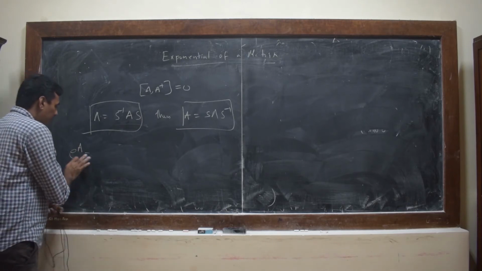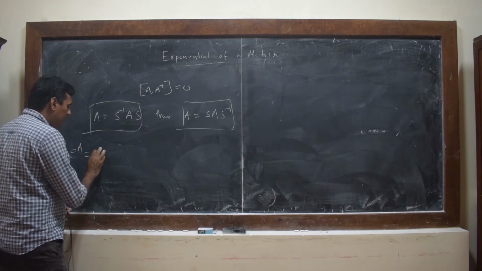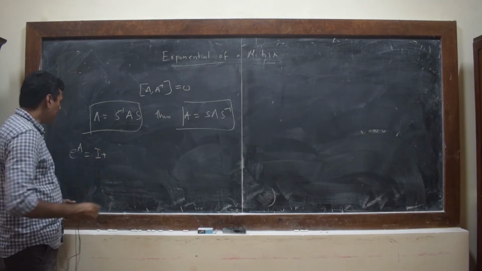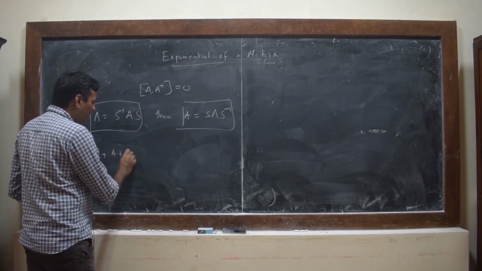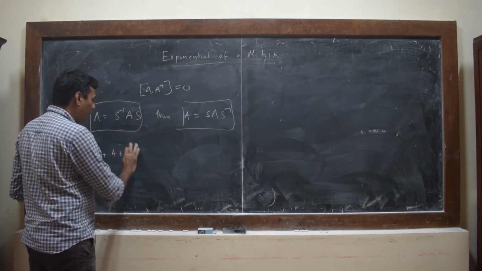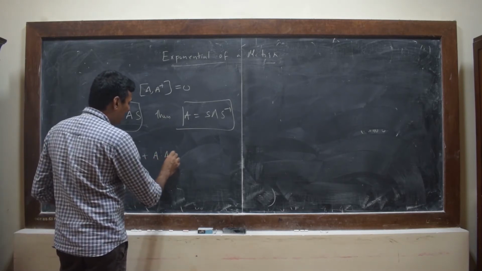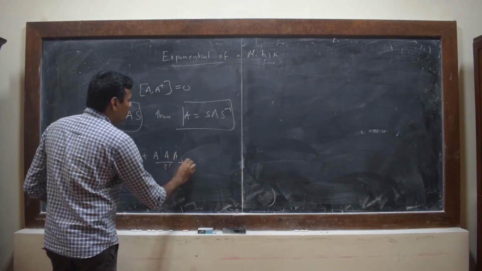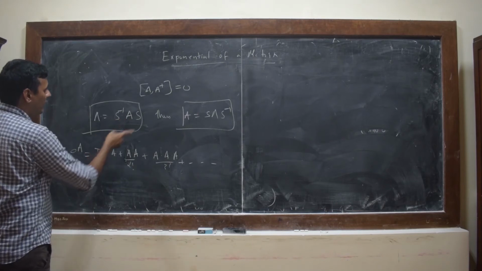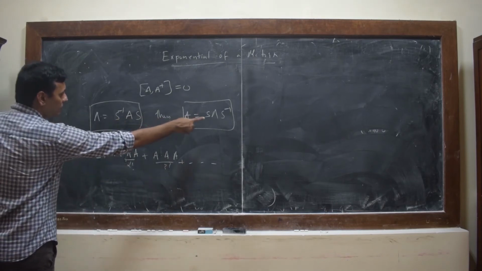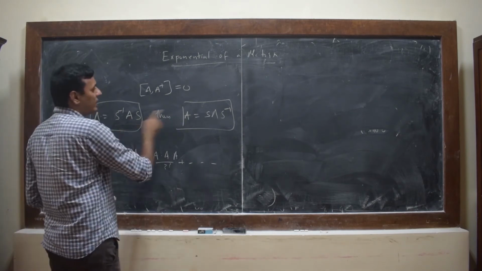To evaluate e raised to A, I know this is identity plus A plus A squared, that is A into A, divided by 2 factorial, plus A cubed, A into A into A, divided by 3 factorial, plus etc. Instead of A, I can substitute S lambda S inverse, where this lambda is a diagonal matrix.